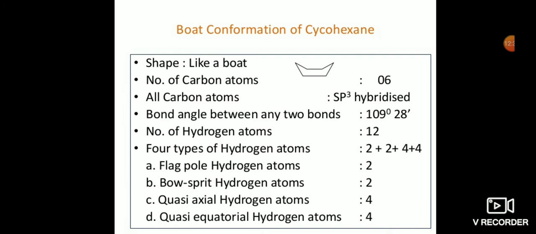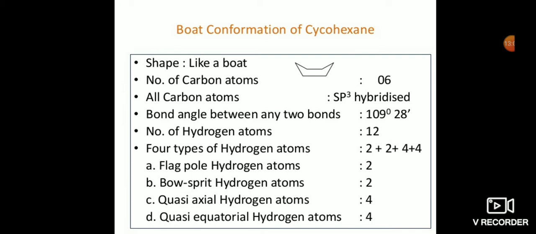What is in the boat type structure? Boat conformation of cyclohexane. Shape is like a boat. Number of carbon atoms total 6. All carbon atoms sp3 hybridized. Bond angle between any two bonds 109 degree and 28 minute.